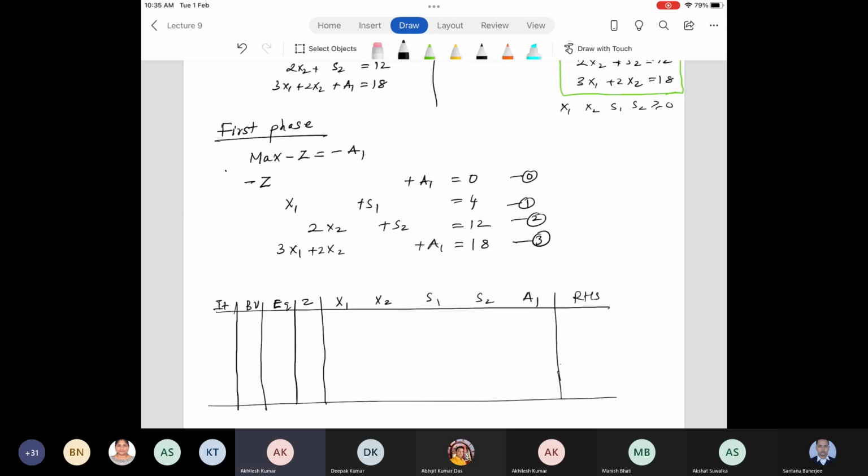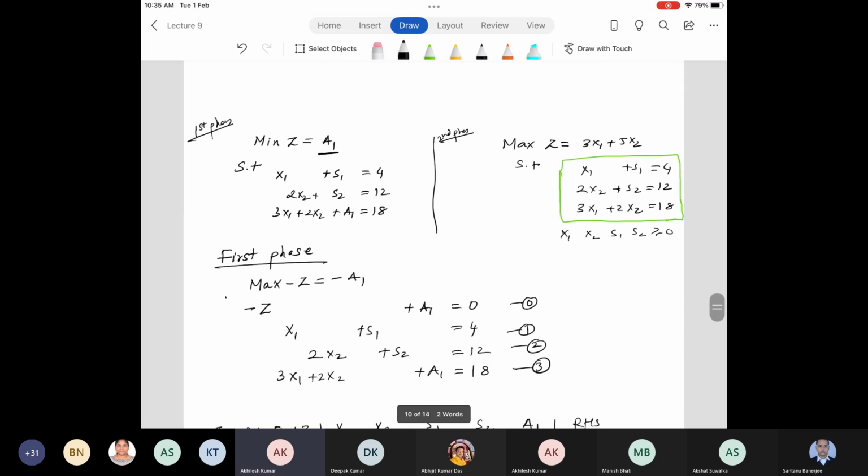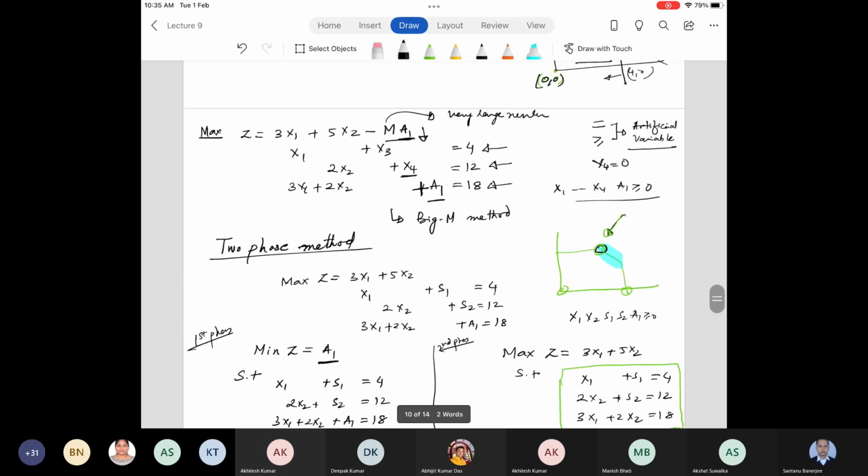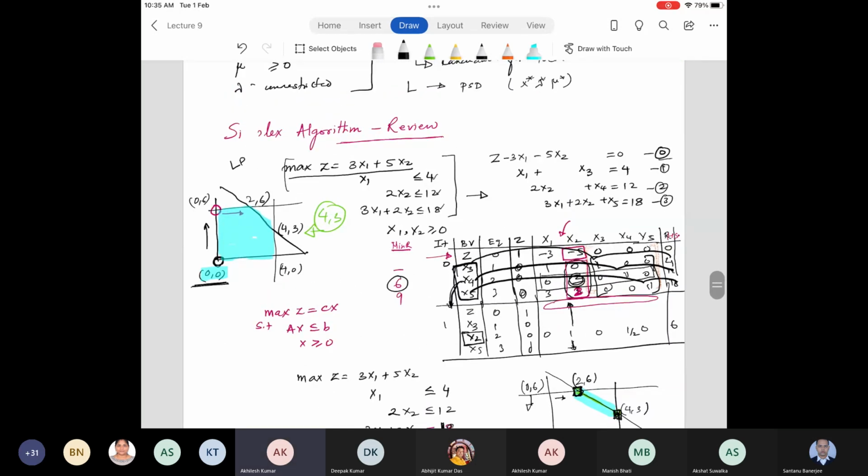Look at the problem structure clearly. You have added a slack variable to make it an equality, and then you want to add an artificial variable on top of it. For less than or equal to, when we were discussing this problem, after adding slack variables, did we add an artificial variable? No, sir.